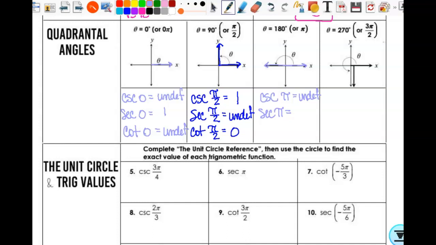Cosine of pi is -1. The reciprocal of -1 is -1, because we put 1 over -1, and that becomes -1. See, it's the easy things that are the hardest, right? All right, then the cotangent of pi. The tangent of pi is 0, so the cotangent is undefined.